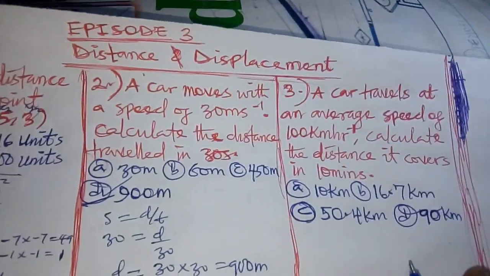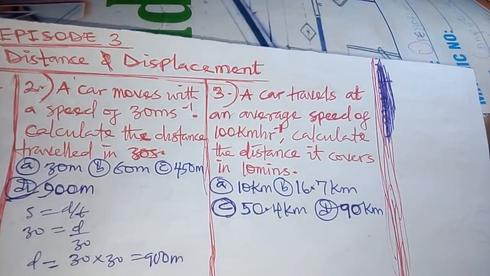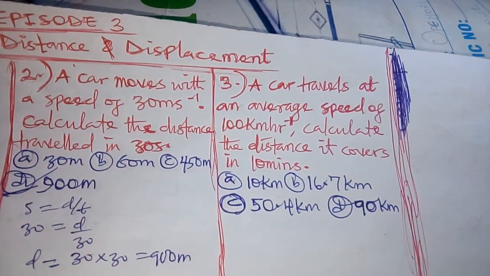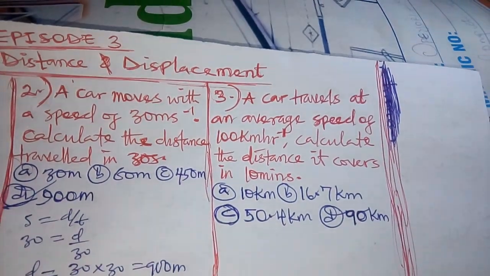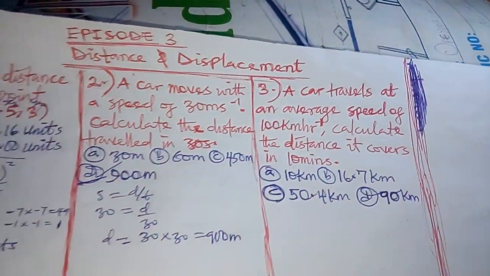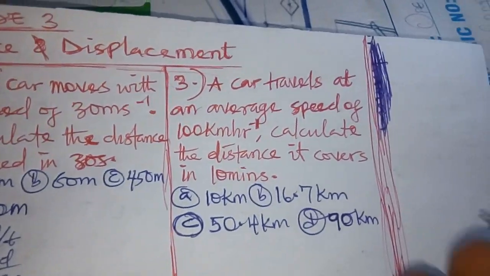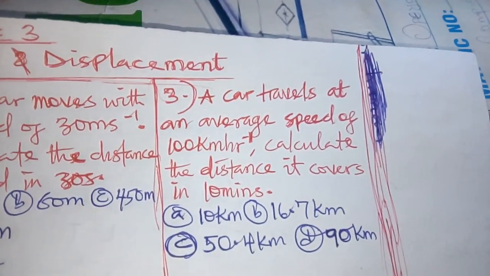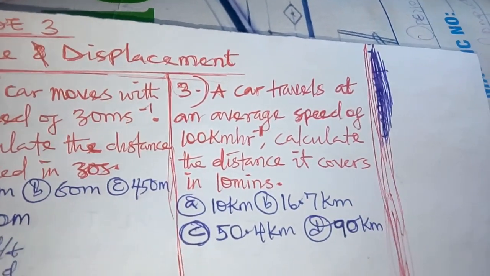Now, the last question, question 3: a car traveled at an average speed of 100 km per hour. Calculate the distance it covers in 10 minutes. To do that, you should know that the speed given is not in its SI unit, so you need to convert first.